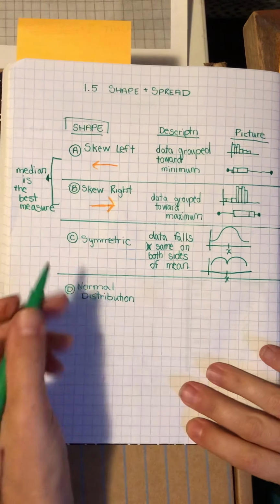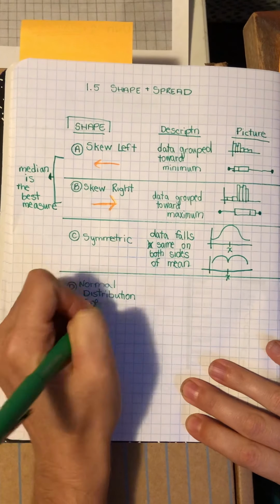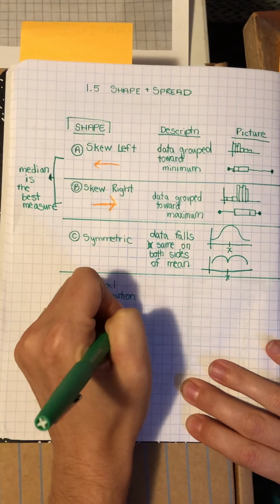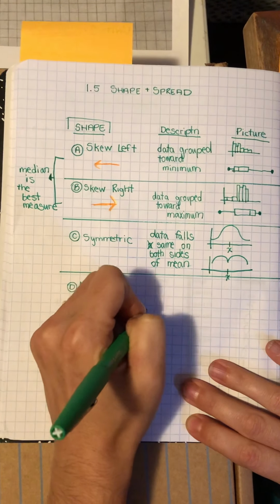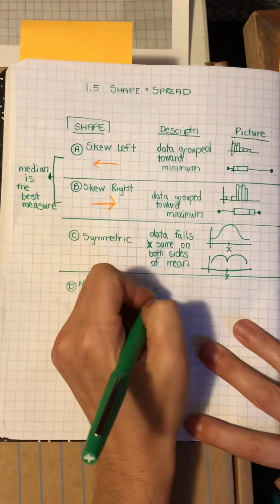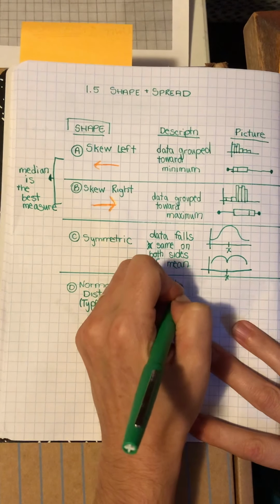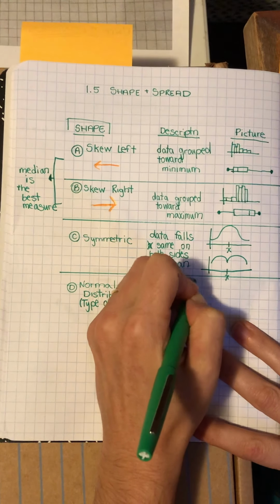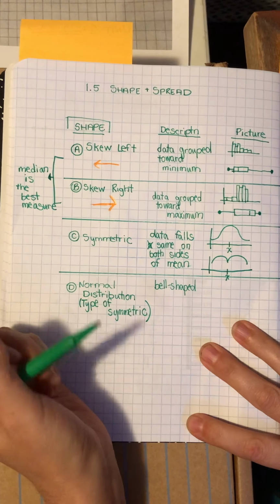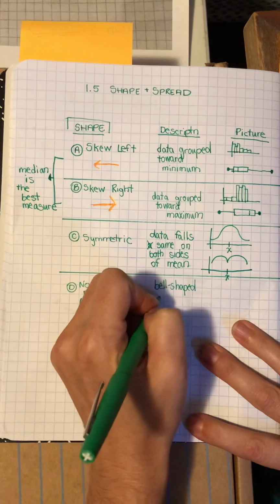That leads us into normal distribution, which is a type of symmetric, and that's going to be our bell-shaped curve. You will hear this in other statistics classes and even in college classes when they're talking about how they curve the test.